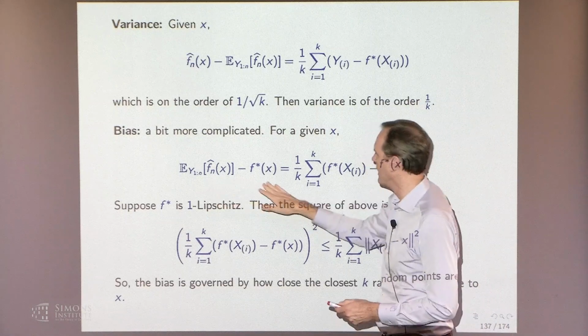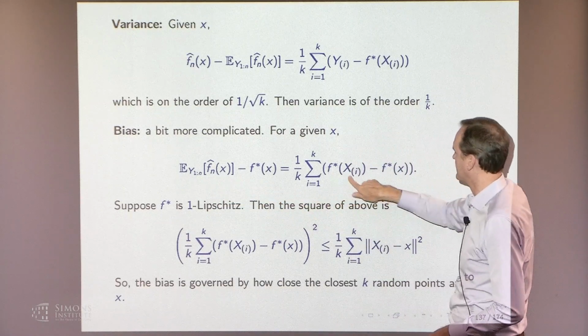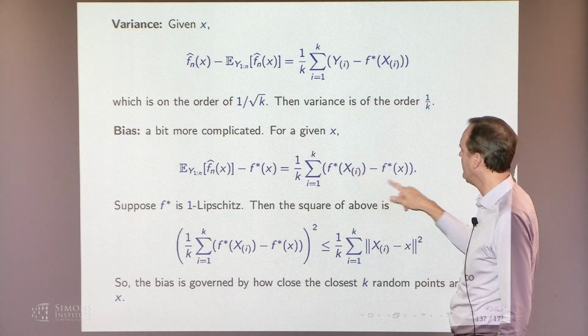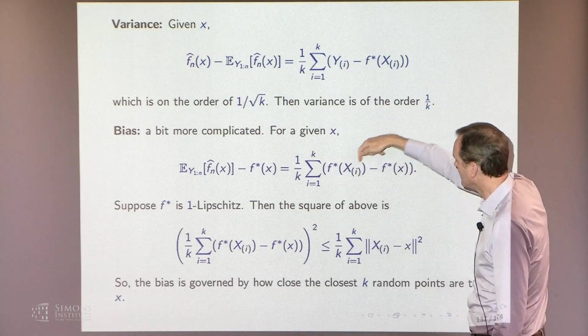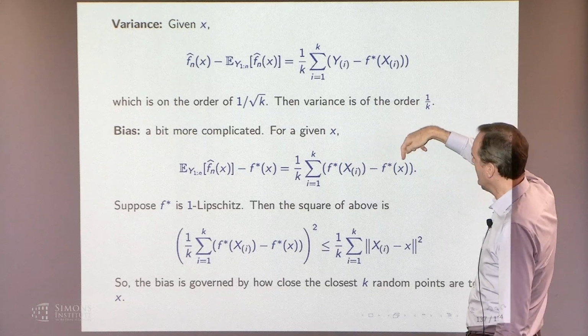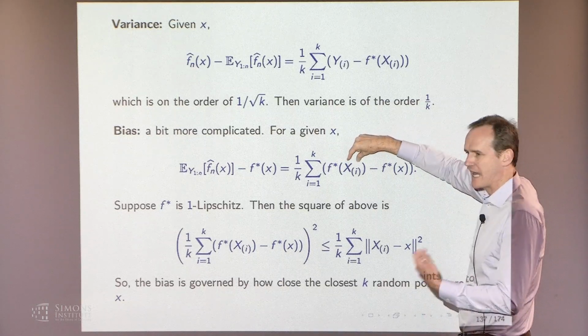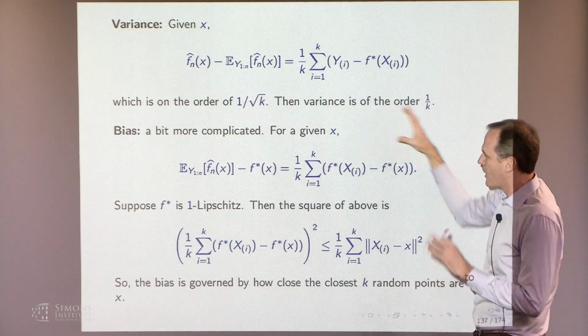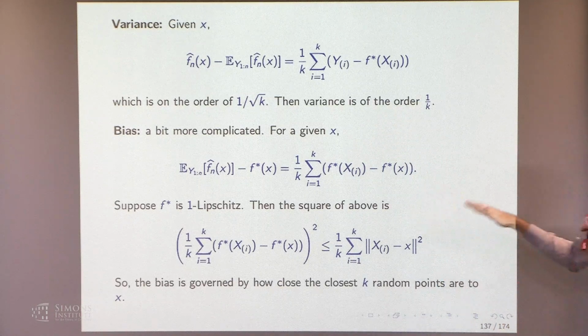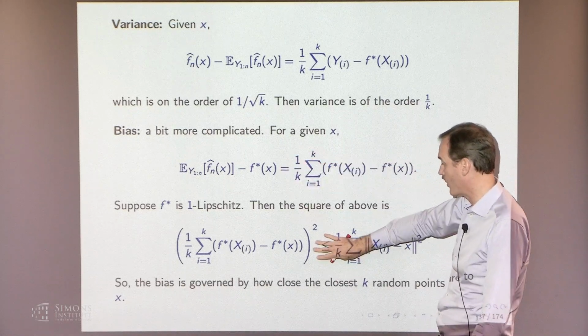All right. So what's the bias part look like? So that expectation, of course, is f star of xi, the ith nearest guy, versus f star of the test point. So we're considering, how does f star change as we move from the test point x to these k nearest neighbors of x. So here we introduce an assumption. We're always going to have some sort of assumption about p in this sort of analysis. The assumption here is that f star is Lipschitz, let's say 1 Lipschitz, right? So we don't have constants floating around. So if f star is 1 Lipschitz, then we can write the squared bias, this quantity.